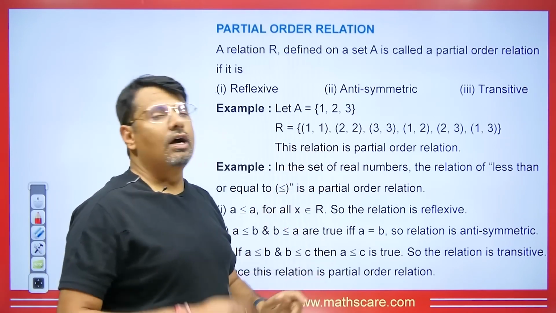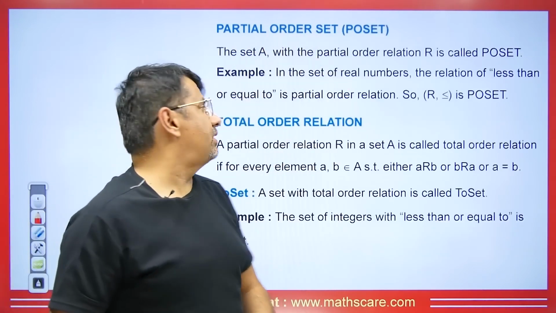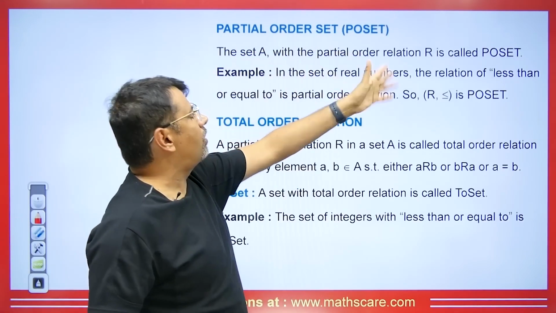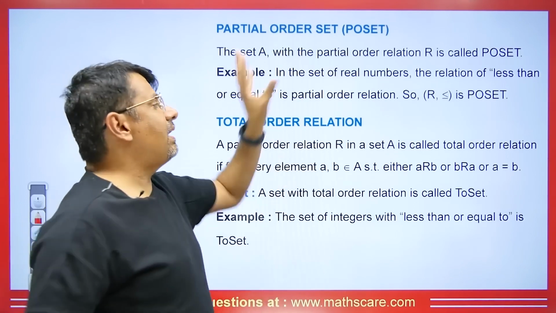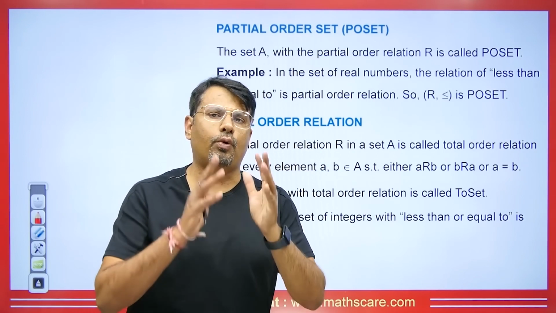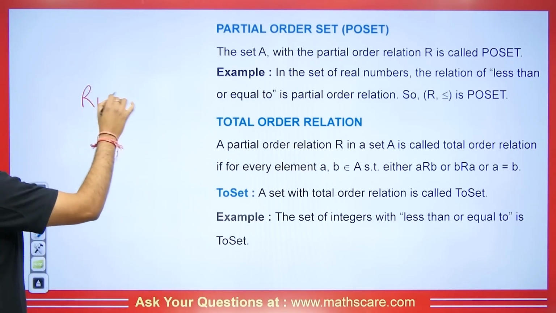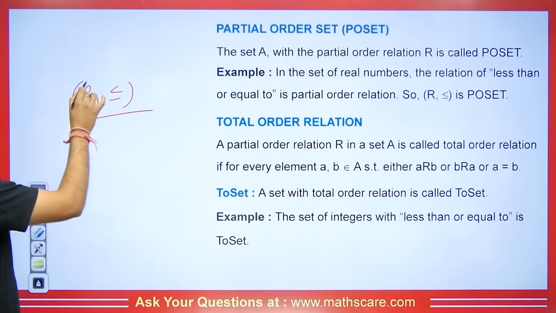If we look at the definition of POSET, a set A with a partial order relation R is called a POSET. And as I told you earlier, the real numbers with less than or equal to will be a POSET. So how will we write it? R is the real numbers and this was our operation.